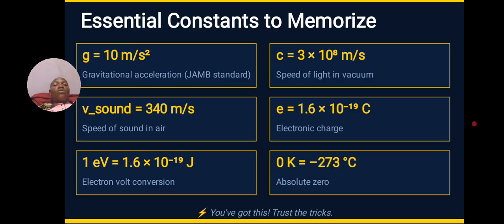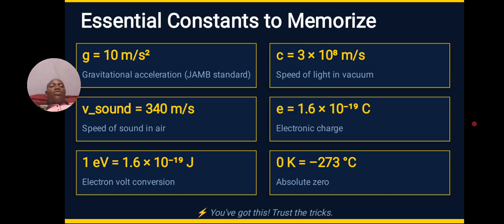Yeah, essential constants to remember. We have come to the end, right? Yes, so never forget this constant g, 10 meters per second squared. Velocity of sound, 340 meters per second. 1 electron volt is equivalent to 1.6 times 10 raised to the power minus 19 joule.